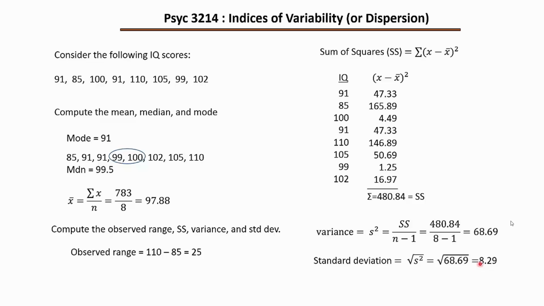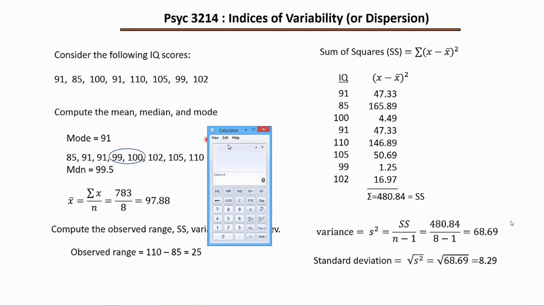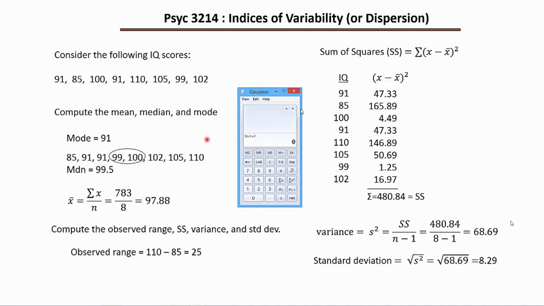Now let me quickly show you the statistics calculator, because I want you to learn your calculator in a similar way, and we can see how we can get a lot of these computations done quickly. So I'm going to switch on the calculator, and now here, the Windows calculator, I'm going to switch it to the statistics mode. And I'm going to enter these numbers now, so 91, add that to the list, 85, and so forth.